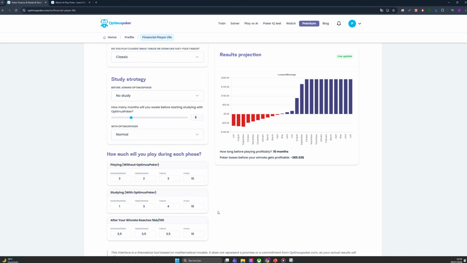Professional poker players, for example, are going to spend 3 hours training for 1 hour playing, more or less. It can be 2 hours training, 1 hour playing, but most of the time it's 3 hours training and studying, and just 1 hour playing. So there's this 3-to-1 ratio basically.